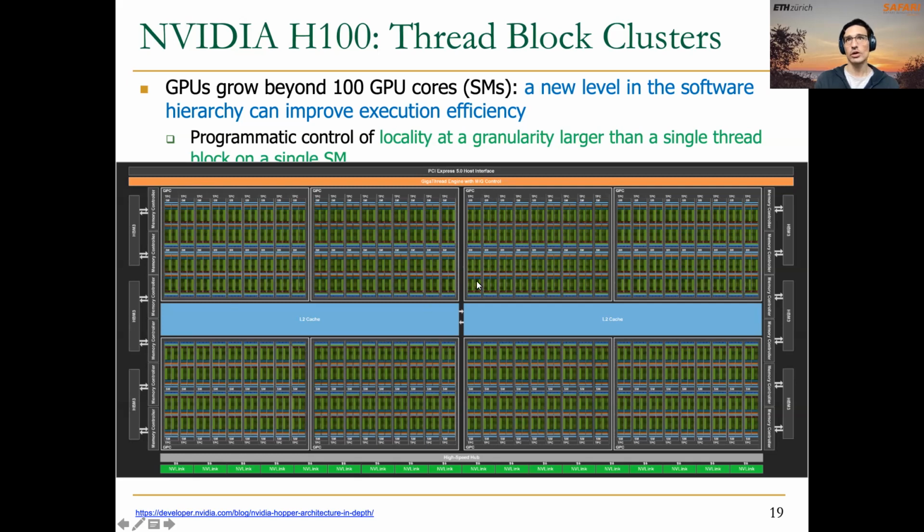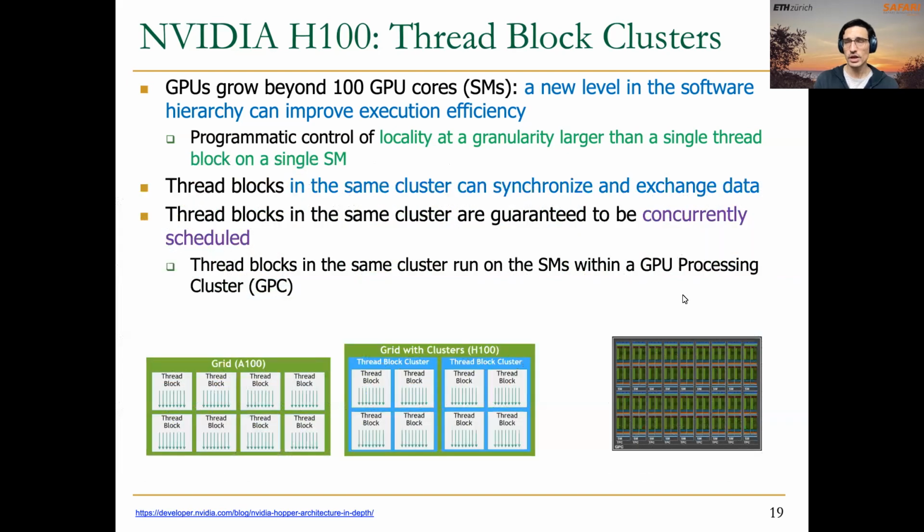So in total, you can see that we have 8 GPCs in the H100 GPU. So threads and thread blocks running on the SMs of this GPC will have the ability to communicate, exchange data, and synchronize if they belong to the same thread block cluster.